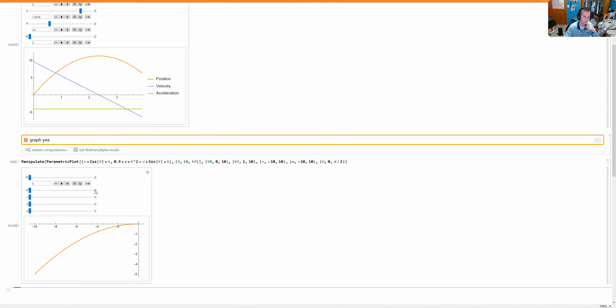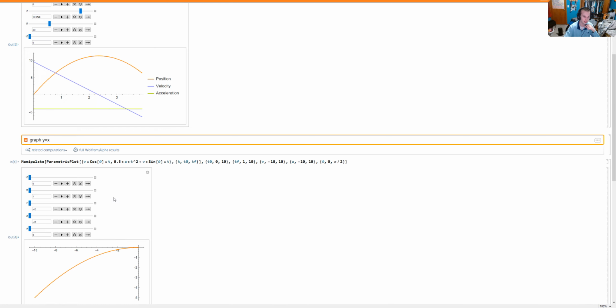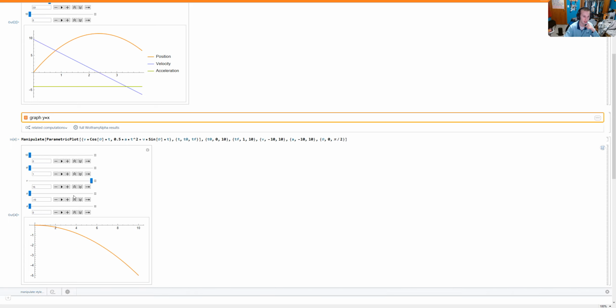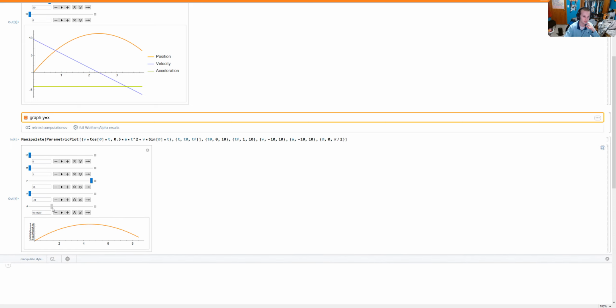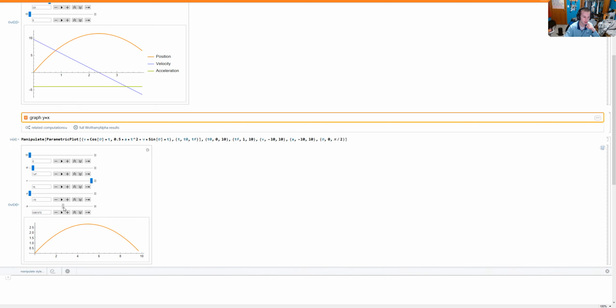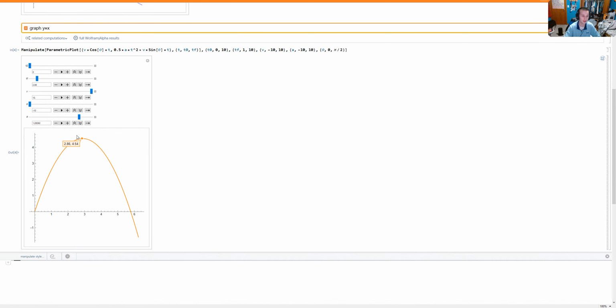So we'll blow these up here so that we can see what's going to happen. Our acceleration is still -10. We'll set our velocity to positive, and then we can change our angle. You can see here that as my angle increases, the ball is actually going less far.